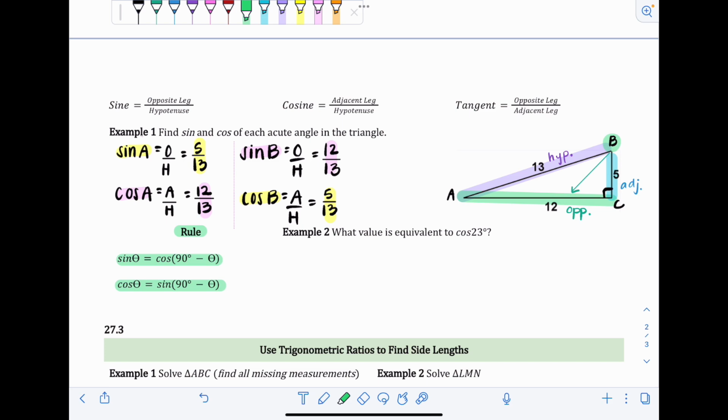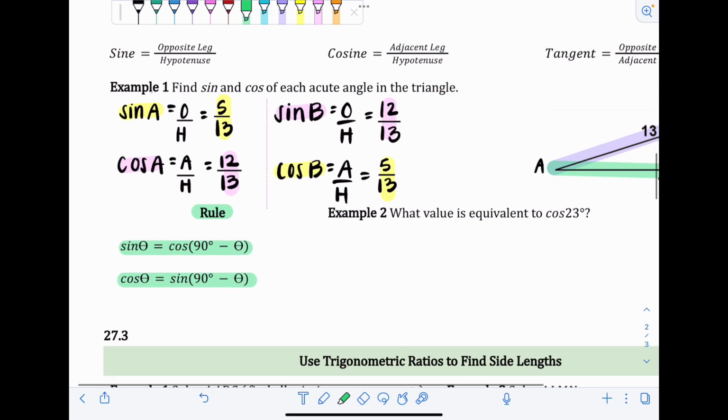So a few things that we have to break down here. If you haven't seen this symbol before, it's called theta. It's a Greek letter that we usually use to represent unknown angles. So theta, spelled like that. And then this part right here, the 90 minus theta, that's a way of representing a complementary angle.